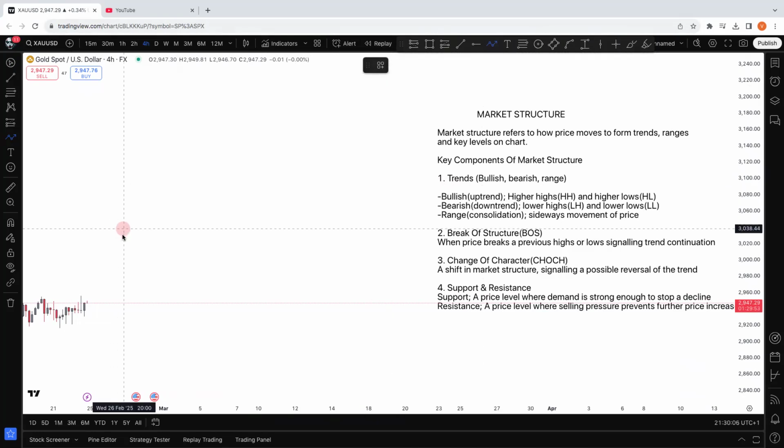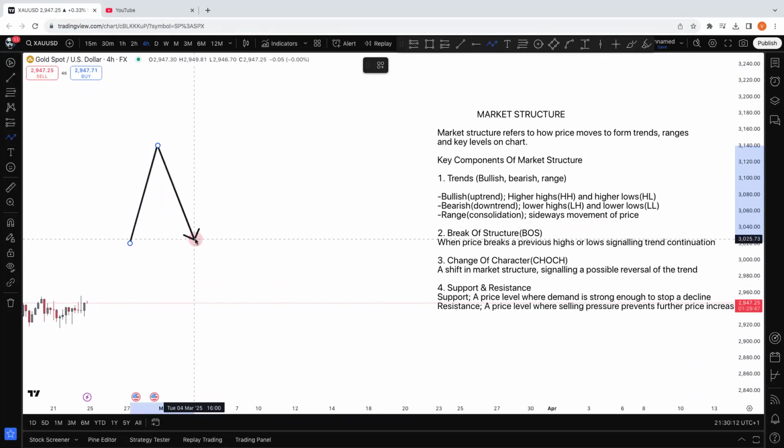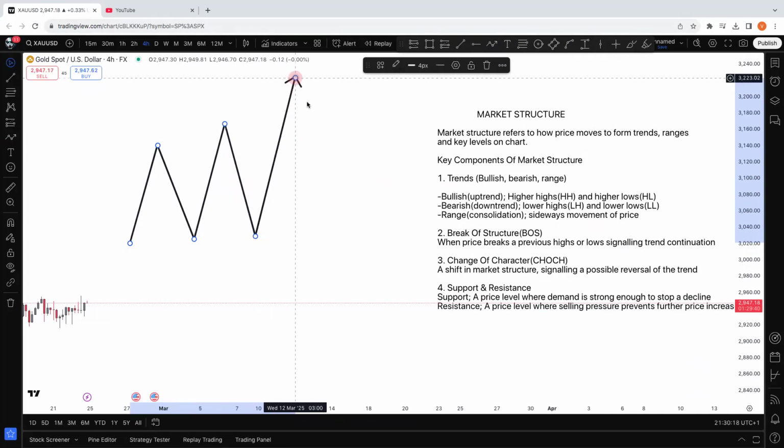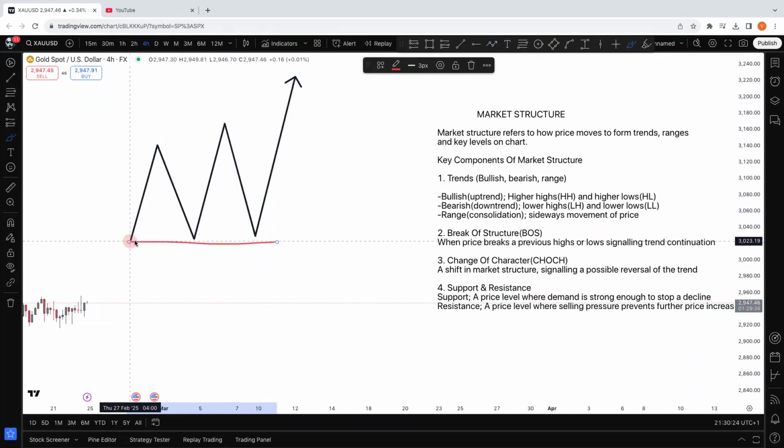Let's say, for example, you have price moving this way. And then instead of price breaking this low to continue this trend down here, price decides to react from this zone and go up. Maybe some other time again, it reacts from this zone and goes up again. So when this happens, we refer to this zone as our support. Why? Because this zone is preventing price.